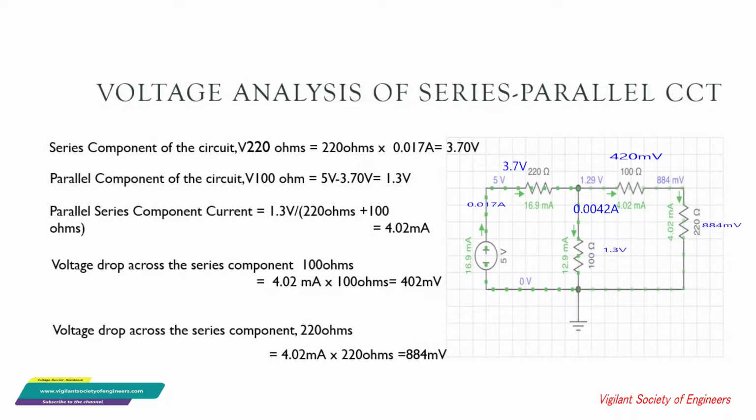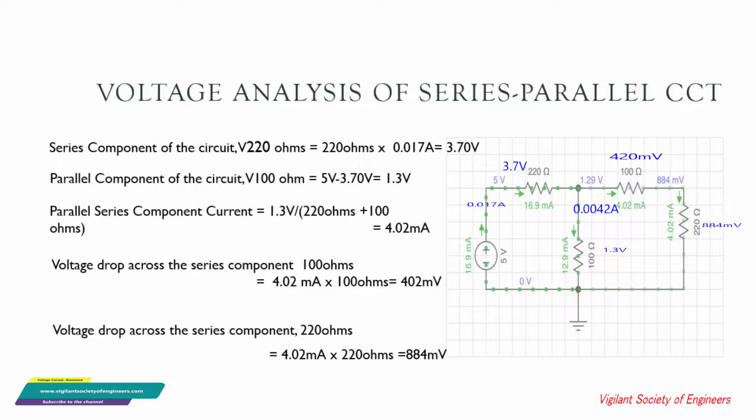That means the two resistors on the right side, the 100 and 220 ohms, would have different values. So in order to analyze the voltage across those resistors, all we have to do is find the current.